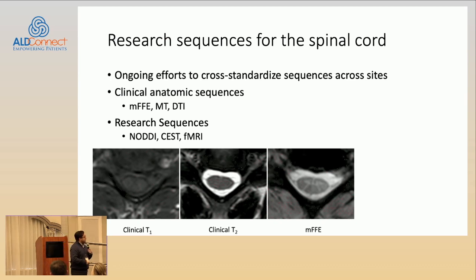And so the third part of my talk, talking about these cross-standardization efforts, is an appeal to clinicians and physicists as well to work together, that I would volunteer to go out to your sites, run these experimental sequences, gather the data, and extend this network of imaging that we've started to create.